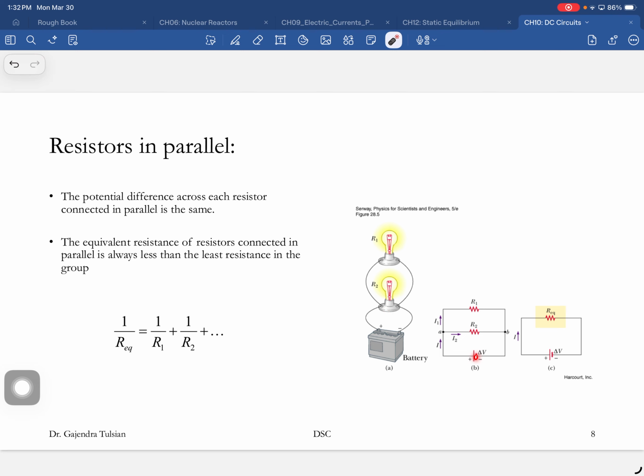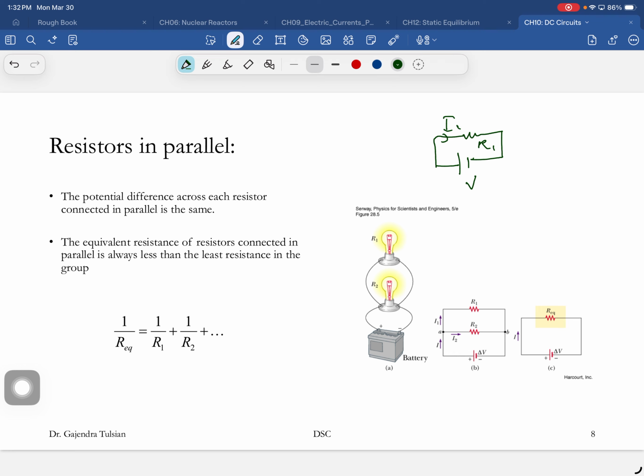That's a parallel connection. If you have two resistors connected in parallel, the equivalent resistance is given by this formula. And what this formula tells you is that the equivalent resistance is less than any of those resistors. See, 1 over R1 is a positive number, and so is 1 over R2. So the sum of 1 over R has to be greater than any one of those terms, and so the equivalent resistance has to be smaller than any one of them.